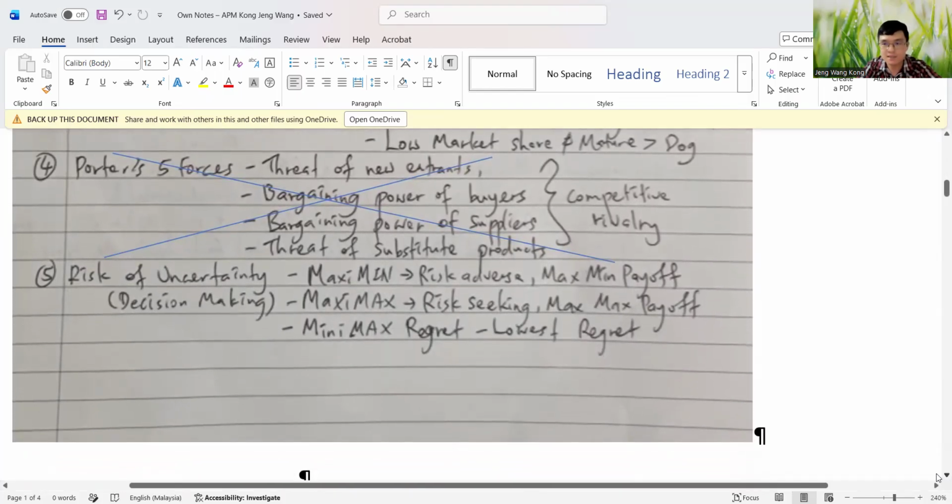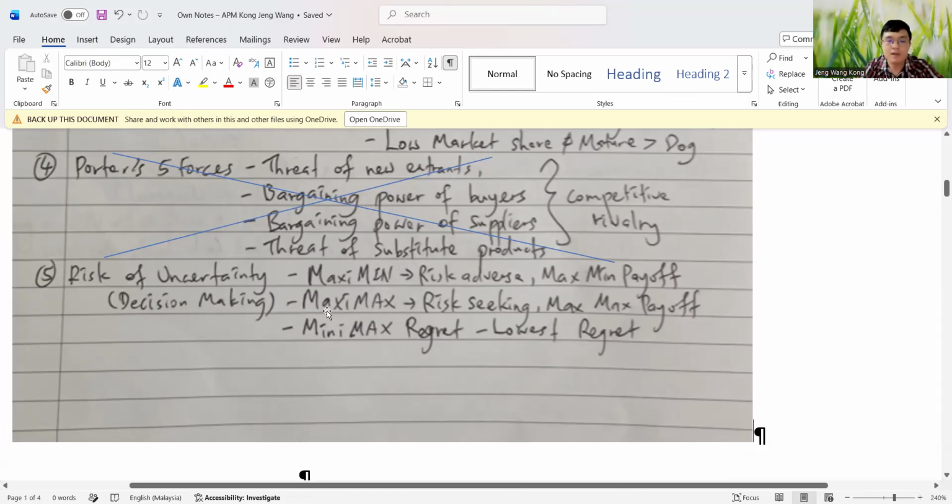Risk and uncertainty decision making. Here we have maximin, maximax, minimax regret. If the shareholders are risk averse, then you can apply maximin, which is maximize the minimum payoff. That means they are very scared to take risks.